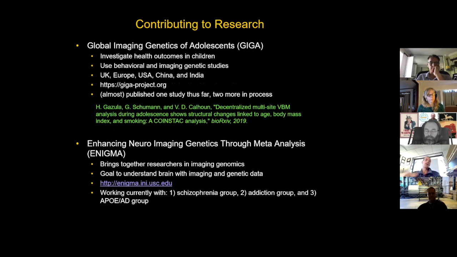A couple examples of how we've used this to do some actual research. We've worked with the Global Imaging Genetics of Adolescence group, the GIGA group, led by Gunter Schumann, to do an initial VBM analysis. And Theo will be talking about the work with the ENIGMA group in a second.